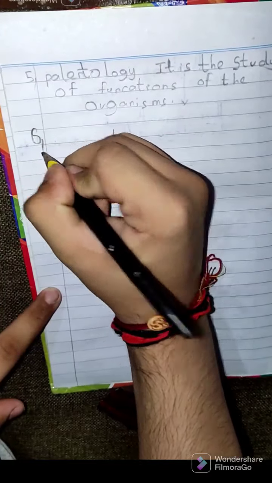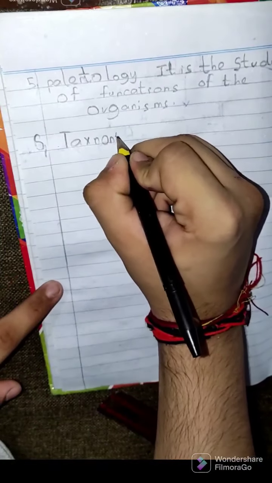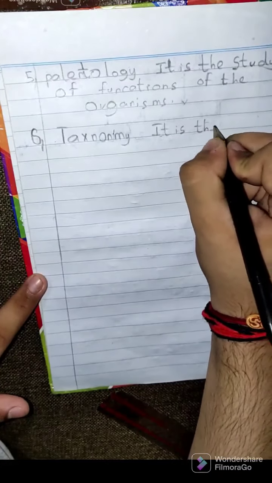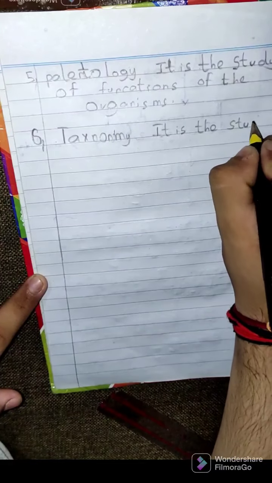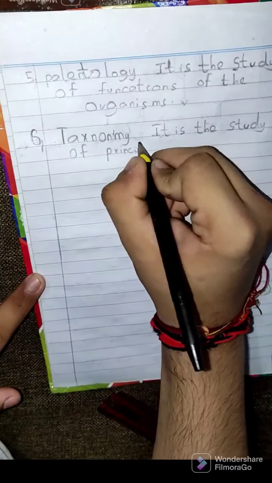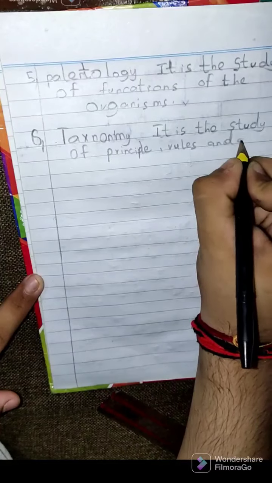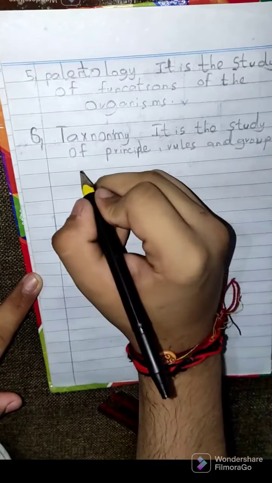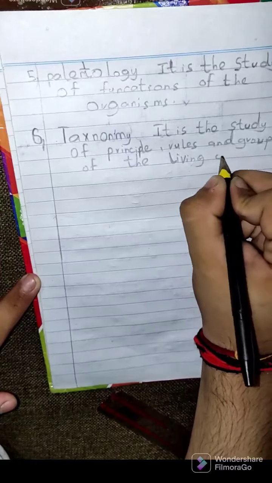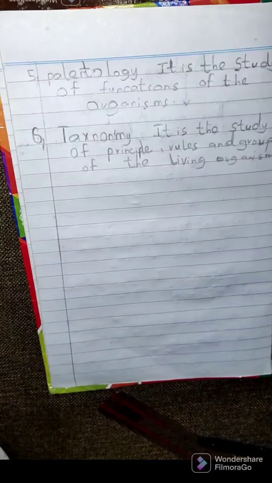So the sixth branch is taxonomy. Taxonomy is the study of the principles, rules and grouping of living organisms.